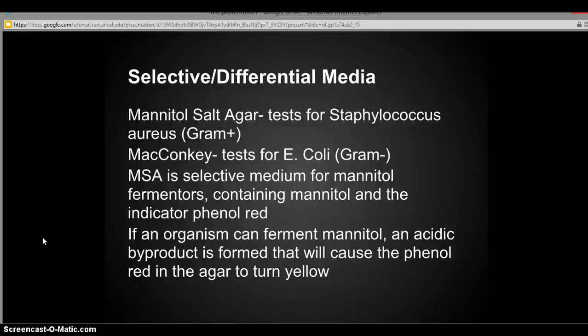We decided to use MSA because it's a selective medium for mannitol fermenters, and so it contains mannitol and the indicator phenol red. So basically, if an organism is able to ferment mannitol, then an acidic byproduct is formed, and basically what will happen is it'll cause the phenol red to turn a yellowy color.